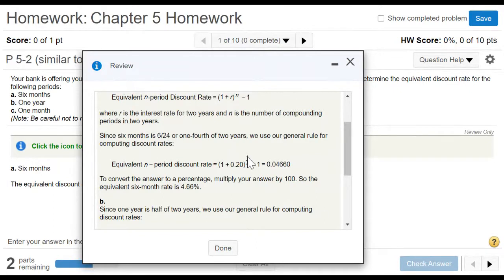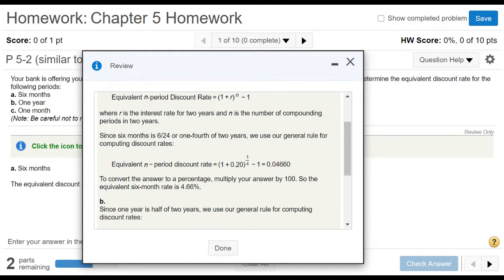You convert this to 0.25, a decimal. So 1.20 to the exponent of 0.25 minus 1 equals 0.04688. And of course, you move the decimal place 2 places, it comes out to 4.66.